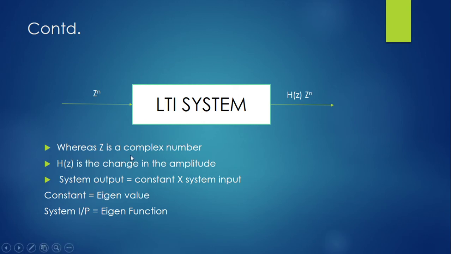Here z is a complex number, H(z) is the change in the amplitude, that is a constant. So the system output is the system input multiplied by that particular constant. It makes the analysis easy. You just have to know H(z), the change in the amplitude, to analyze that LTI system. That is the main usefulness of Fourier analysis.